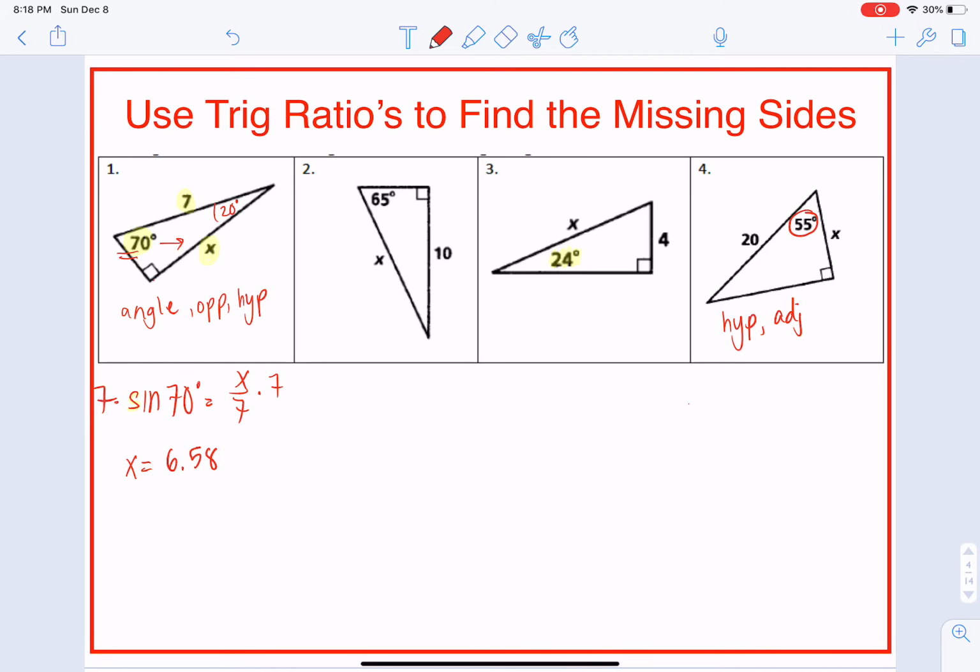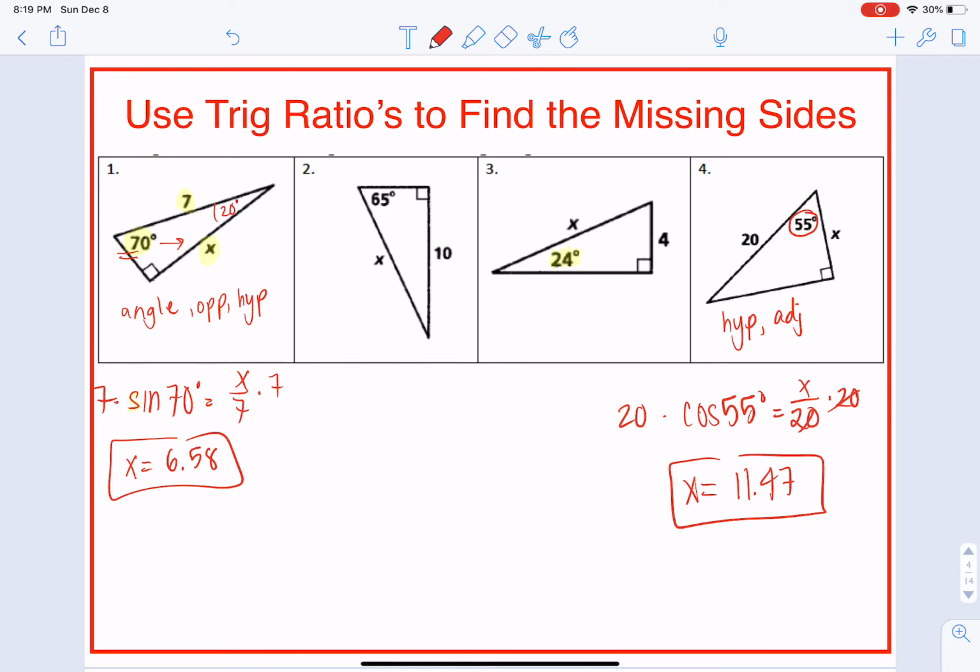So I know that I can use cosine of 55 degrees is equal to x over 20. So I can go ahead and multiply both sides by 20 to solve for x. So 20 times the cosine of 55 degrees gives me that x is equal to 11.47. So here is the measure of that side length right there.